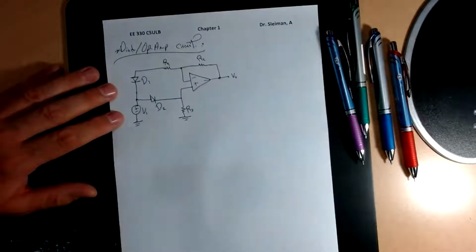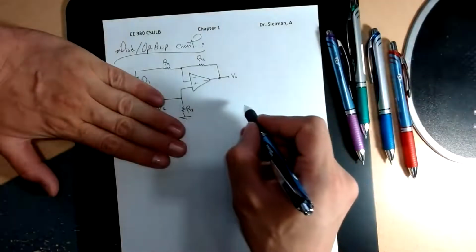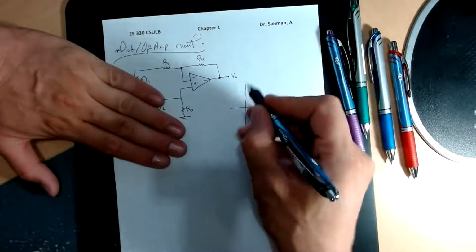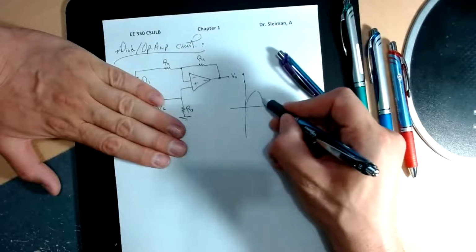So most likely, if we are talking about a diode output voltage without the rectifier, we have this output signal.